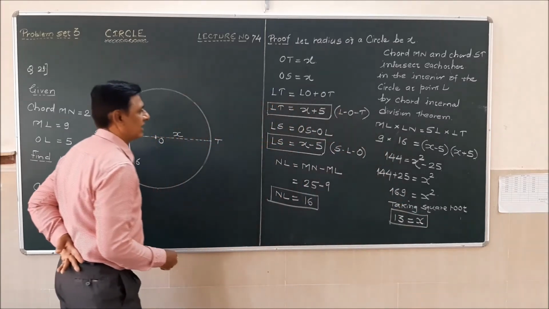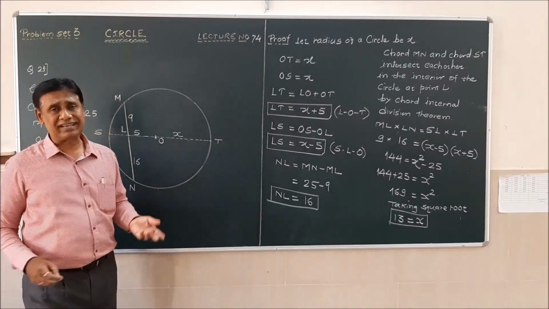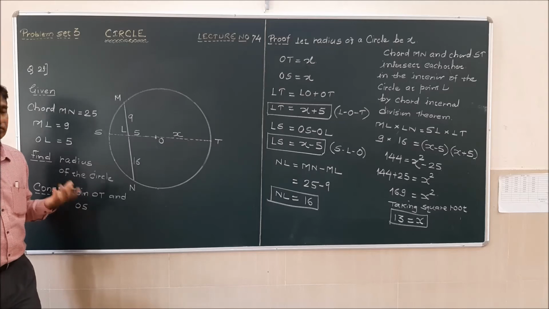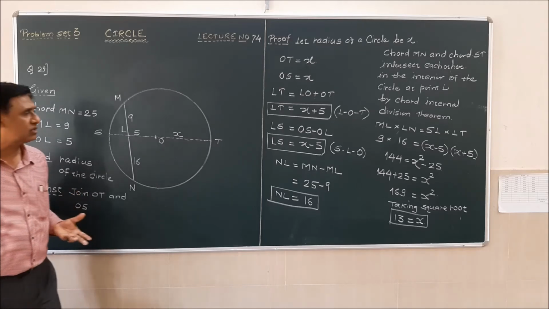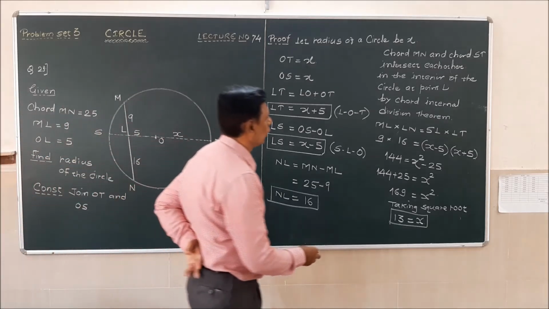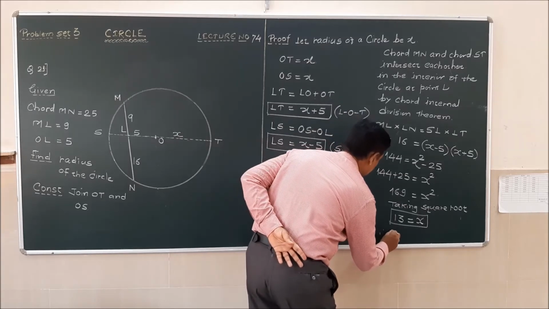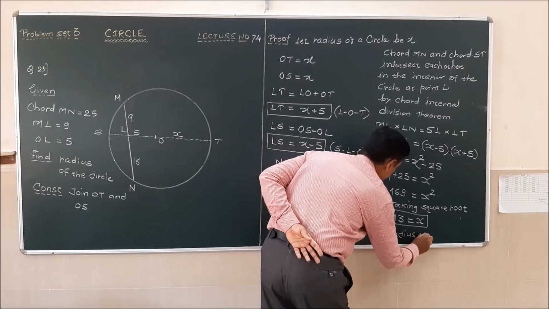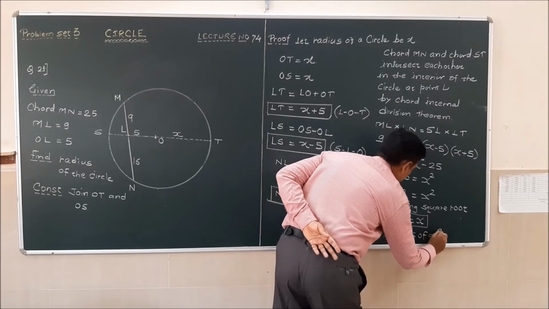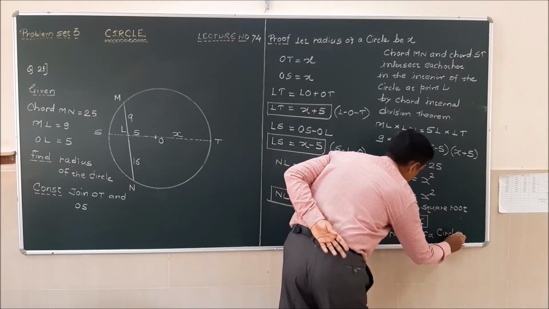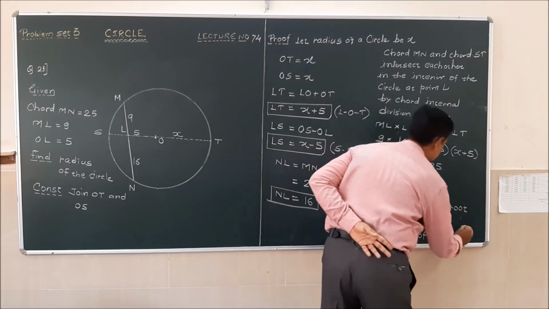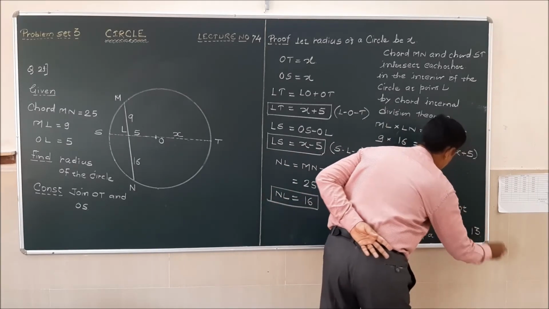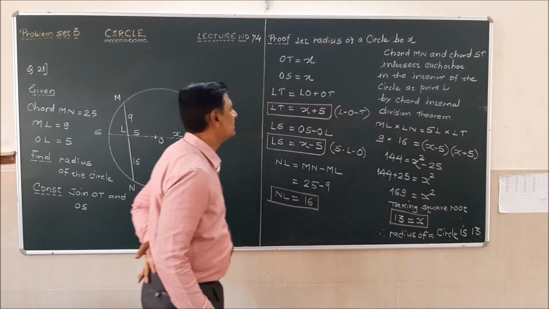But what is x? x is the radius of the circle. Therefore, the radius of the circle is 13. Because you will surely find units are not given.